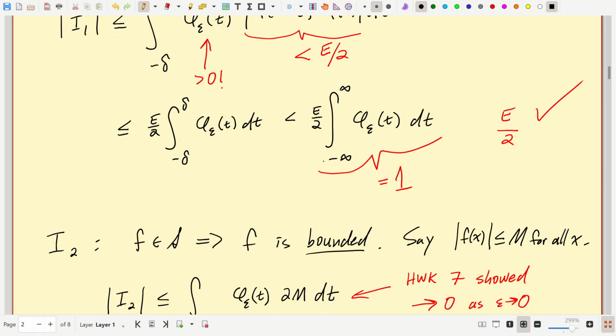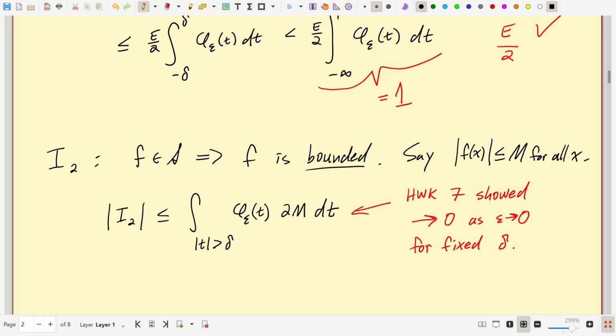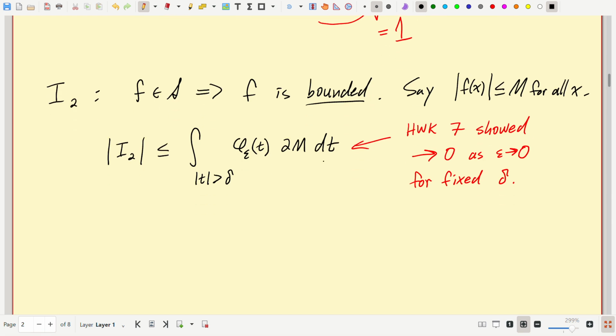Okay, so I haven't let epsilon go to 0 yet. So because this goes to 0 as epsilon goes to 0, I can make it less than E over 2.